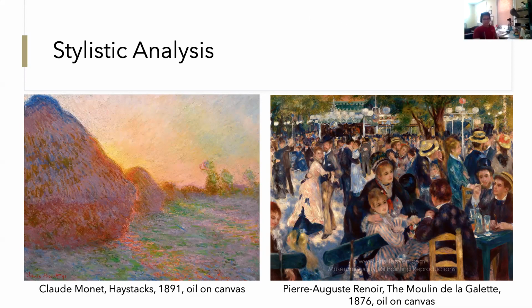So these are Impressionist paintings from the 19th century.